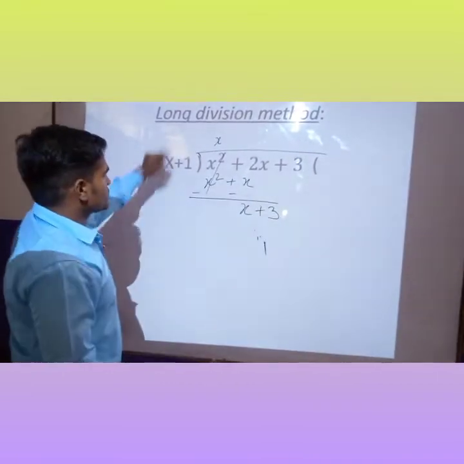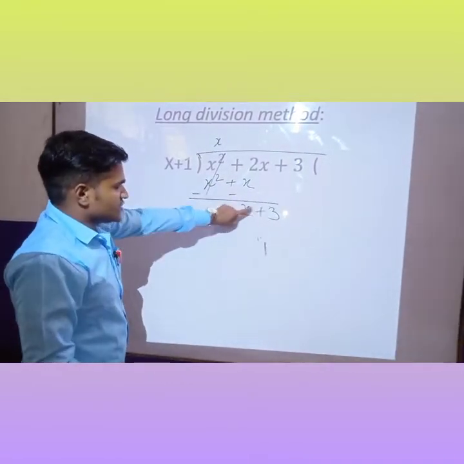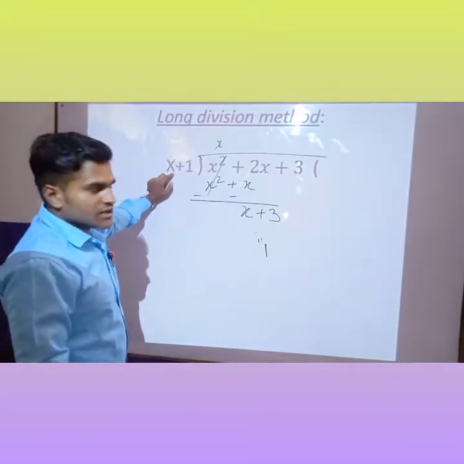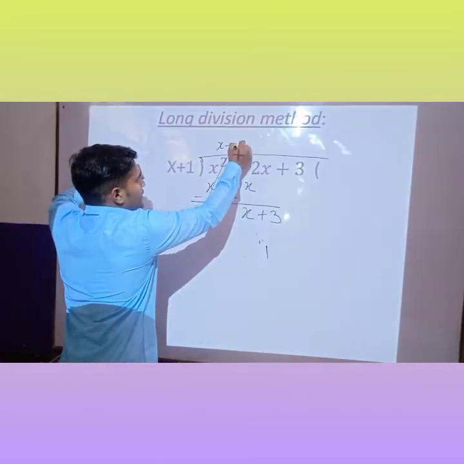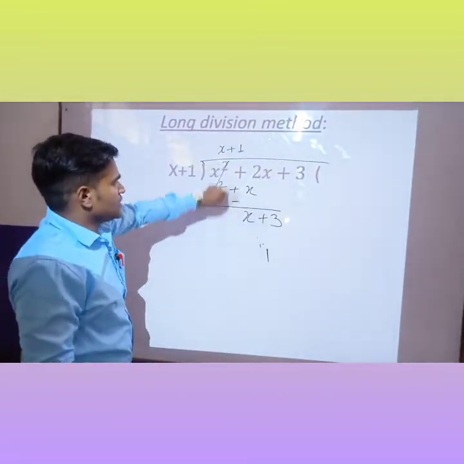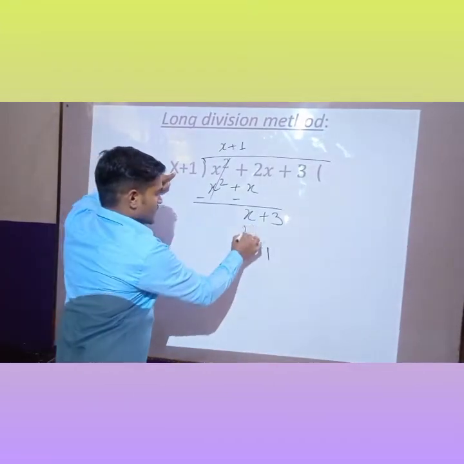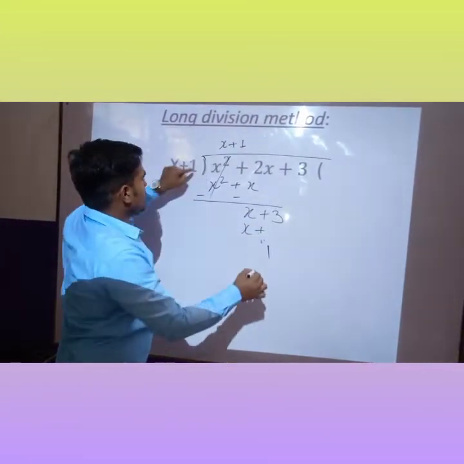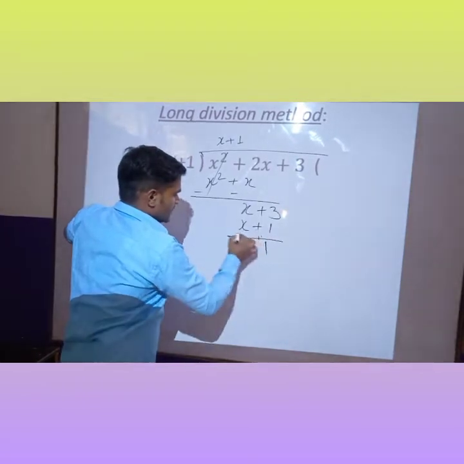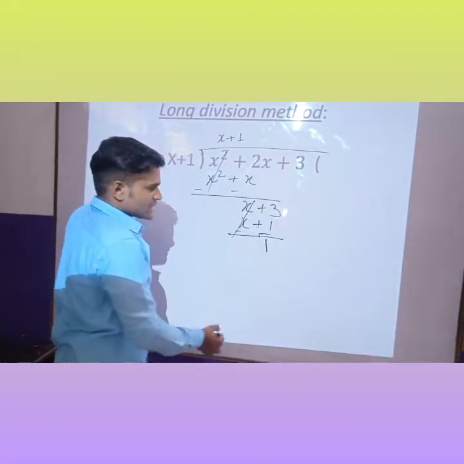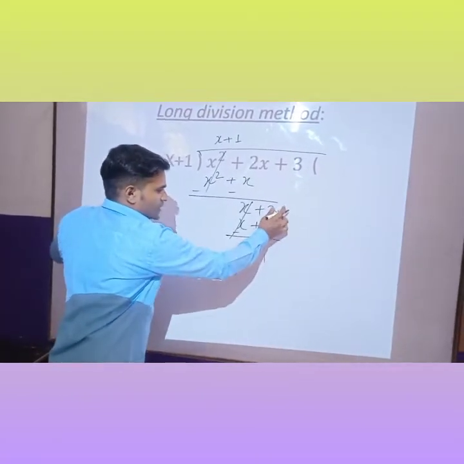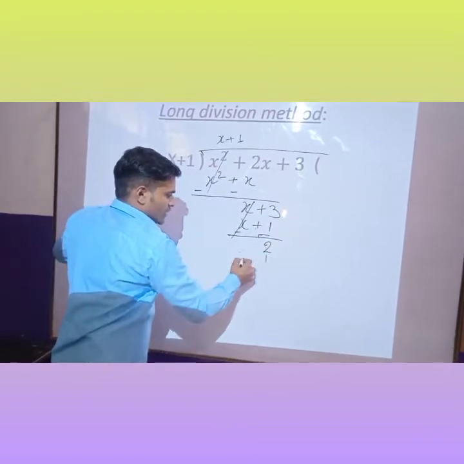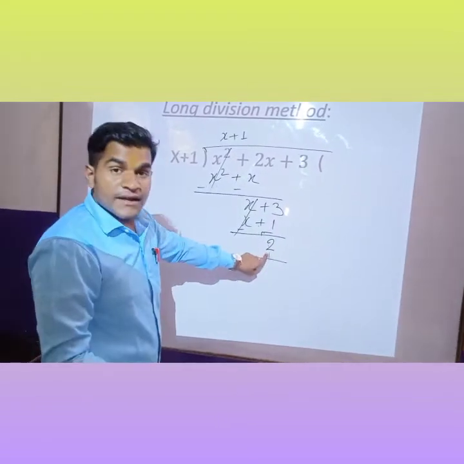Now the degree of this is 1 and the degree of the divisor is also 1, so we have to take plus 1. So 1 multiplied by x is x, plus 1 multiplied by 1 is 1. Now subtract it. That is cancelled, and 3 minus 1 is 2. It means 2 is the remainder.